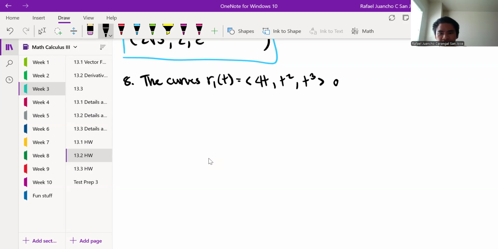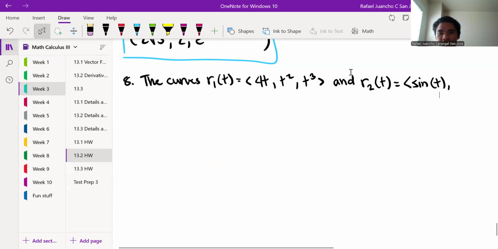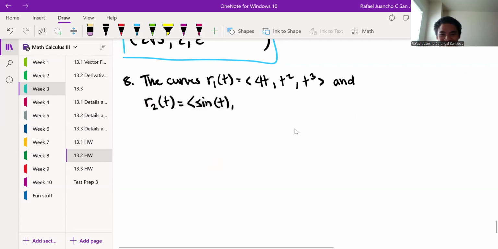And we also have R2, I believe. So we have 2 vector functions here. This is sine of t, sine of, okay, I'll put in another thing here. Usually at the end of the homeworks, this is where the thing gets really long, but we're gonna fight through it.